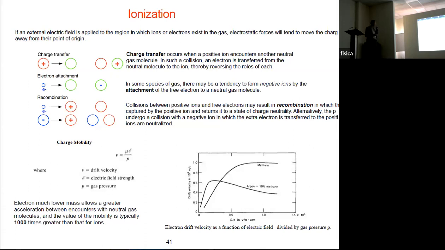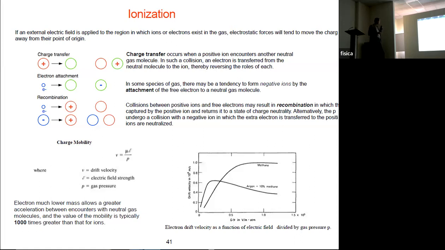This is called recombination, and this is a very bad process for radiation detectors because in this case we lose some signal. And to get rid of this recombination, as I said, you have to apply a high enough electric field to force electrons to escape from this ion.